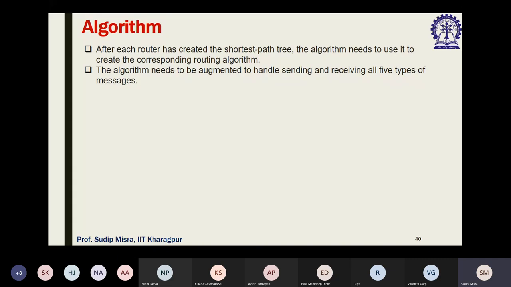Now what is the algorithm that is used? After each router has created the shortest path tree, the algorithm needs to use it to create the corresponding routing table. The algorithm needs to be augmented to handle the sending and receiving of all the 5 types of messages that we just saw. Okay. So the exact algorithm is there in your book.